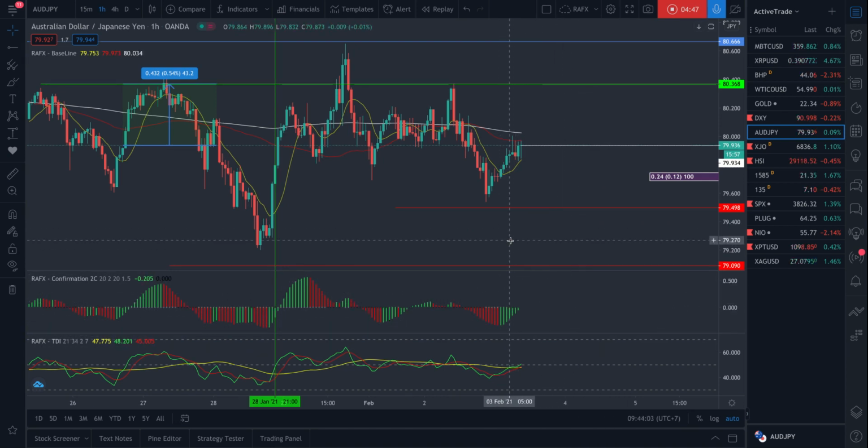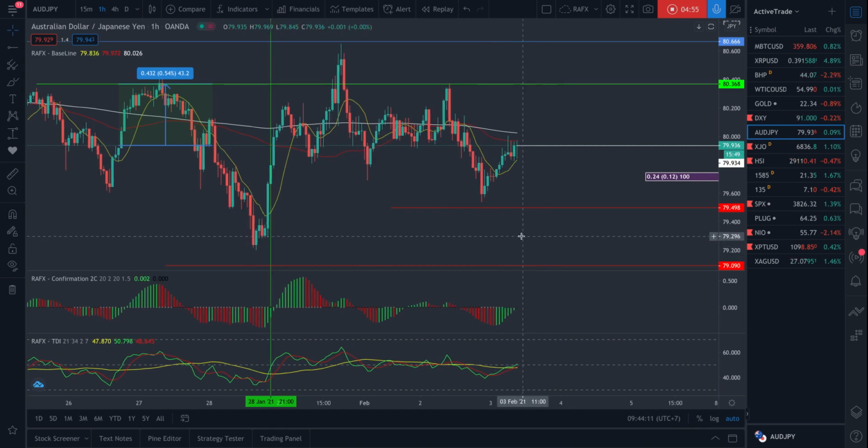So I took a risk here getting into this pair, although the TDI is not yet complete, but I'm looking into the possibility of confirmation 2C to stay on that momentum.